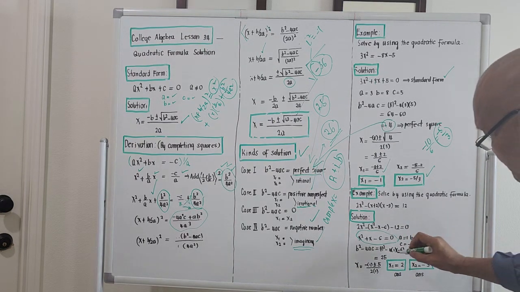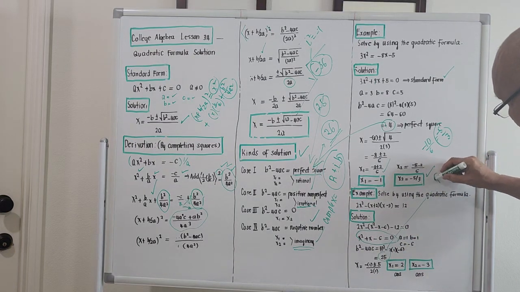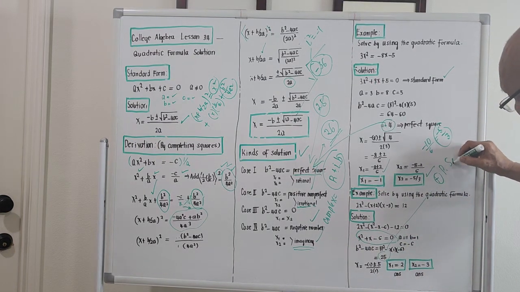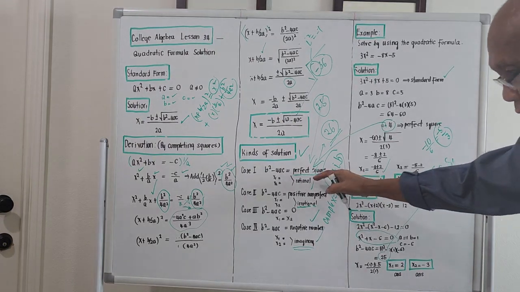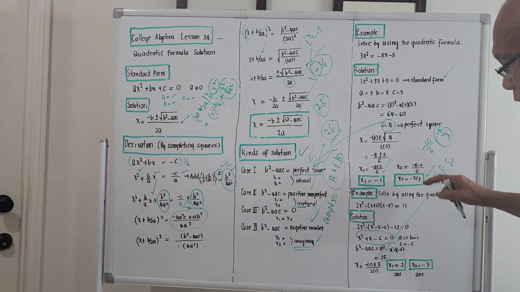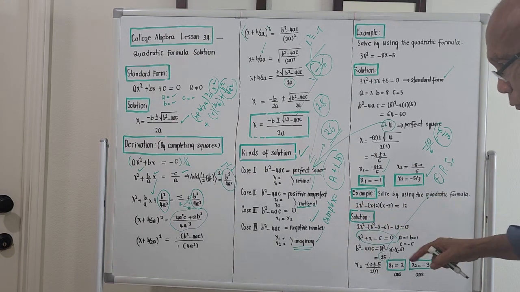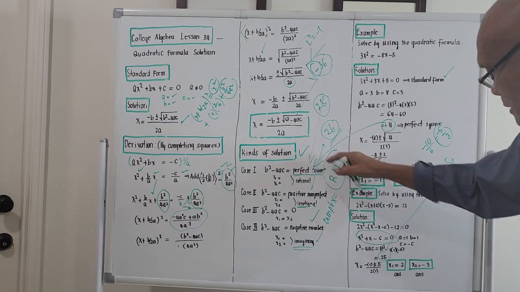And what is 25? 25 is a positive perfect square. So again, it falls under case number 1. The discriminant or the type of solution for this given quadratic equation, after transforming to standard form, is actually case number 1.